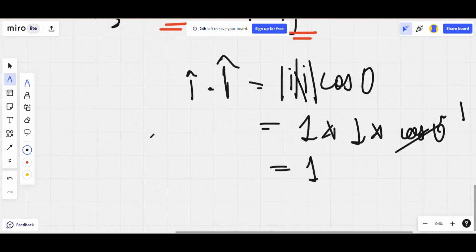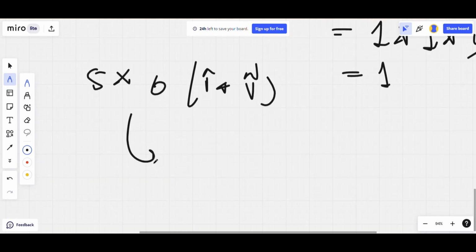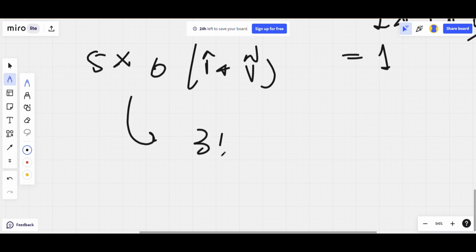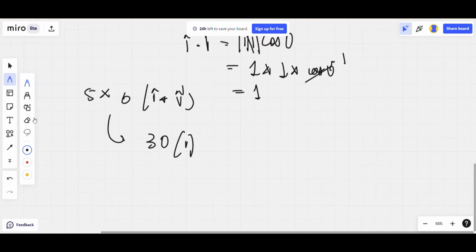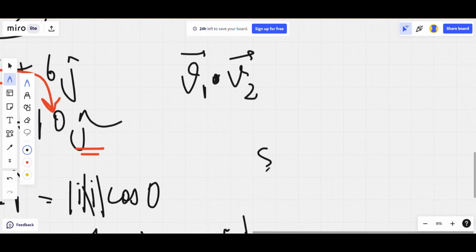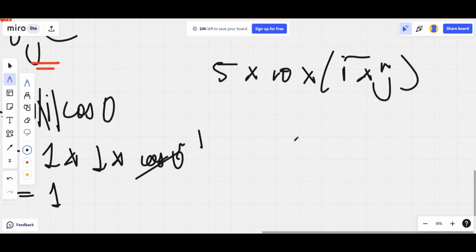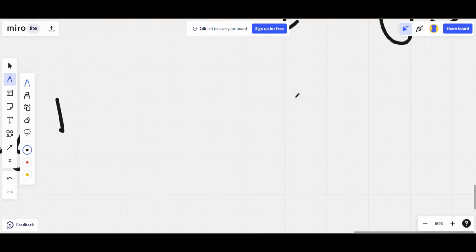So if we are multiplying these two parts, we have 5 into 6 i into i, which is nothing but 30 into 1. Similarly, we have 5 into 10 into i into j. Now let's see how to do i into j. What is the angle between i and j?